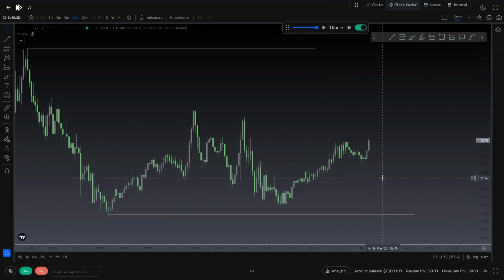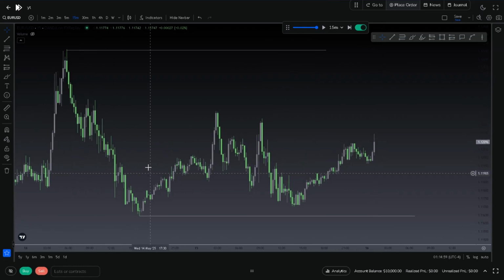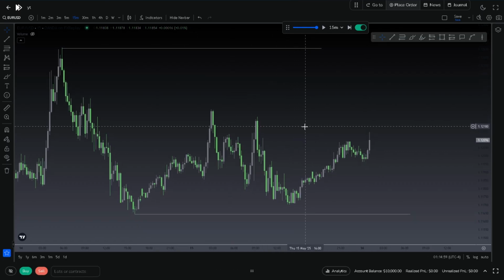So all of this inside here, all the structure here is all just internal structure. So you can trade this internal structure. However, it can get a bit confusing if you don't really understand external structure and the difference between external and internal structure. So that's what I've tried to do throughout this video, is explain the differences. Hopefully you understand that now.